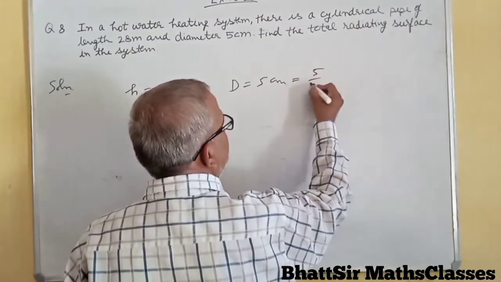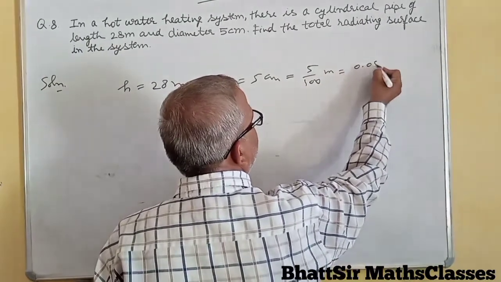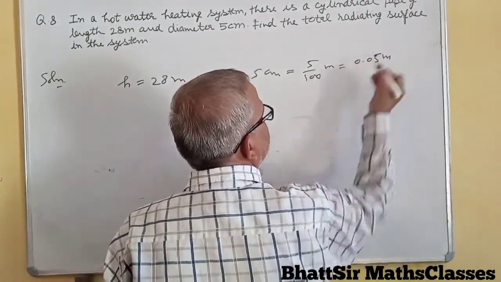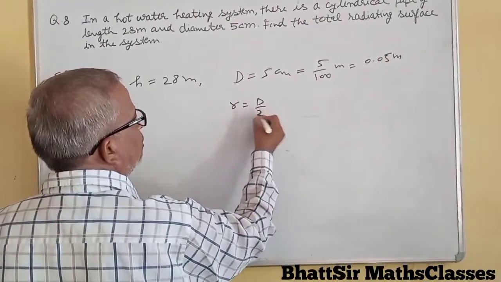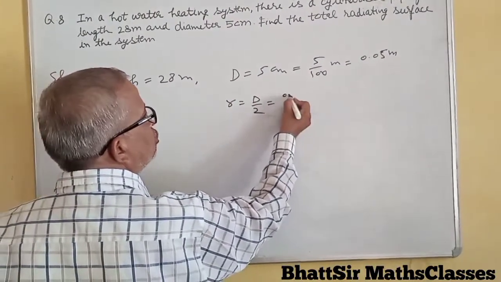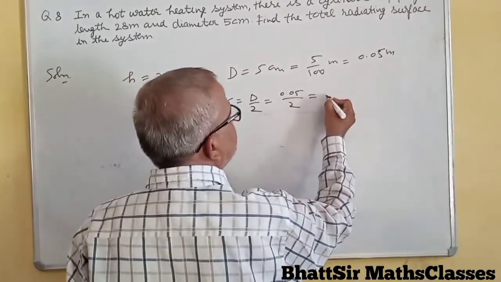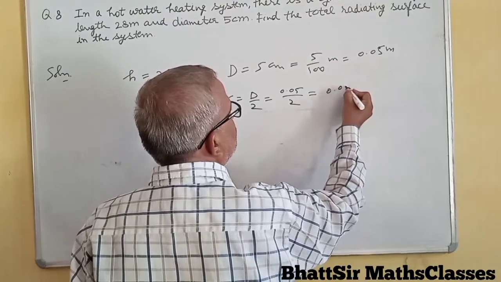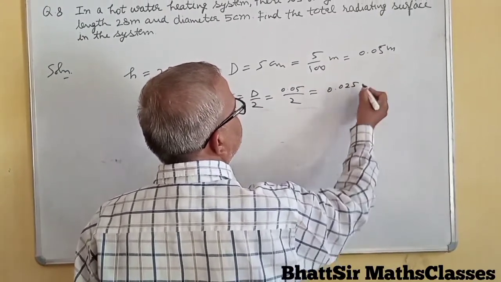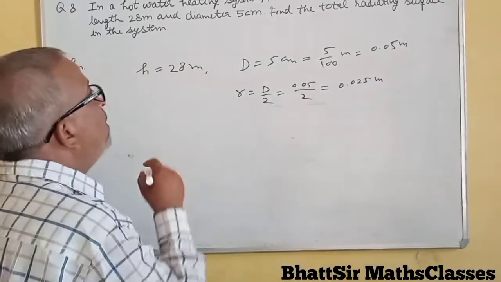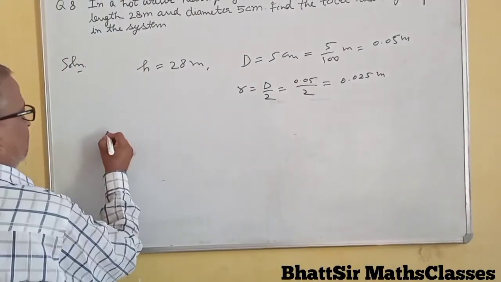It means 5 upon 100 meter. Therefore 0.05 meter. Now radius equal to diameter upon 2. Therefore 0.05 upon 2, it means 0.025 meter. But in this question, find out the total radiating surface.